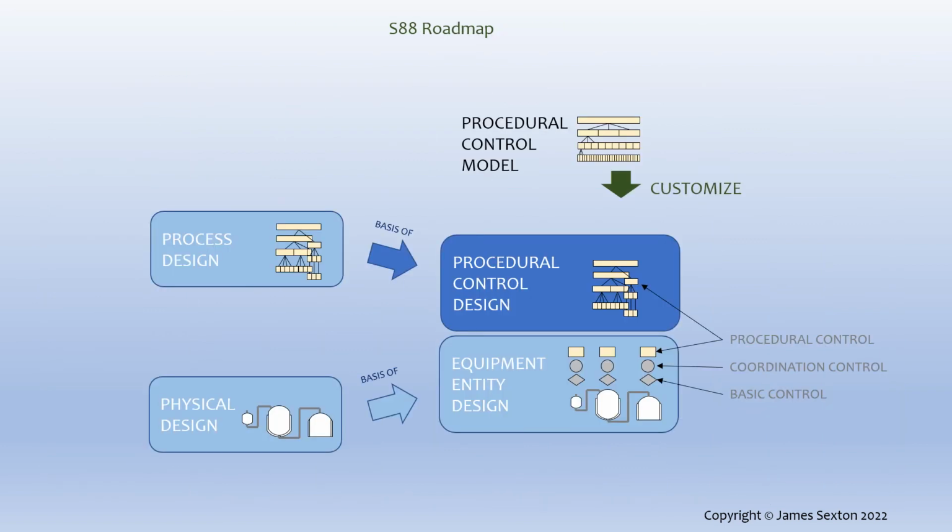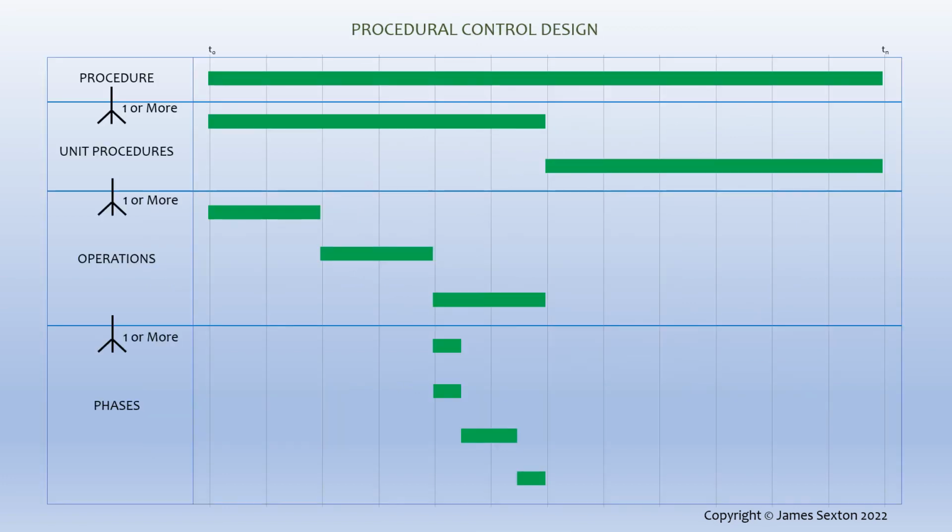In much the same way that the physical design leads to the more complete equipment entity design, so the process design is the basis of the procedural control design. So naturally, its hierarchy is also based on entities of smaller and smaller duration from top to bottom.